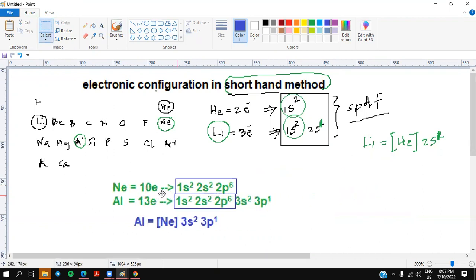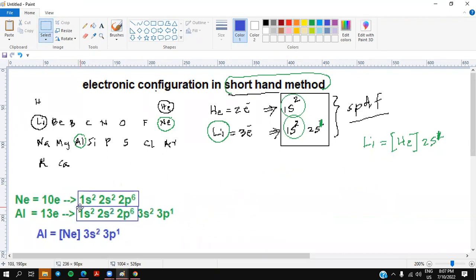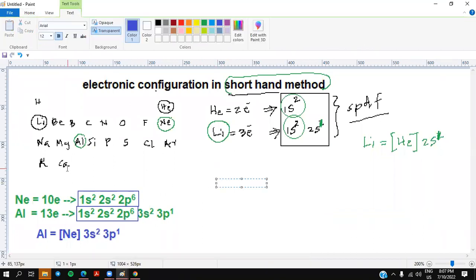I'll keep this aside here and I'll discuss calcium electronic configuration in shorthand method. Before that, go to the preceding noble gas for calcium. It is krypton. Not krypton, argon.